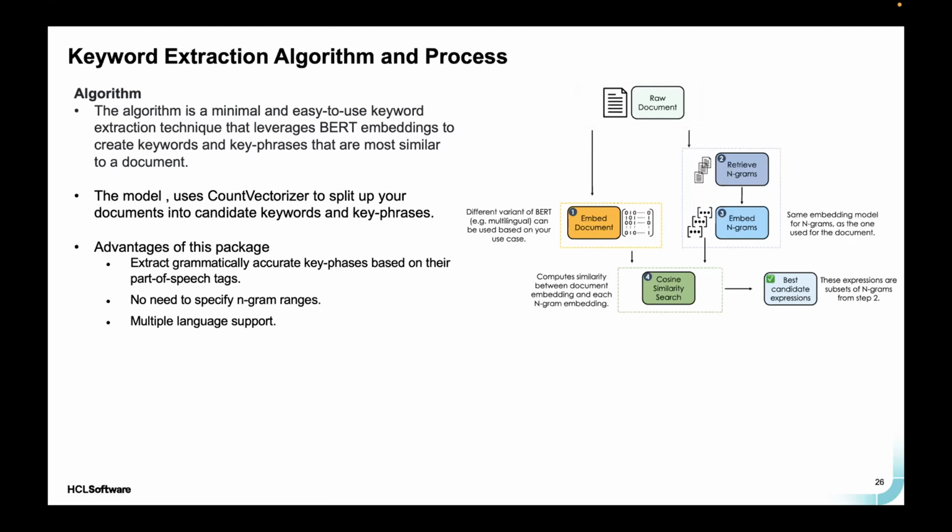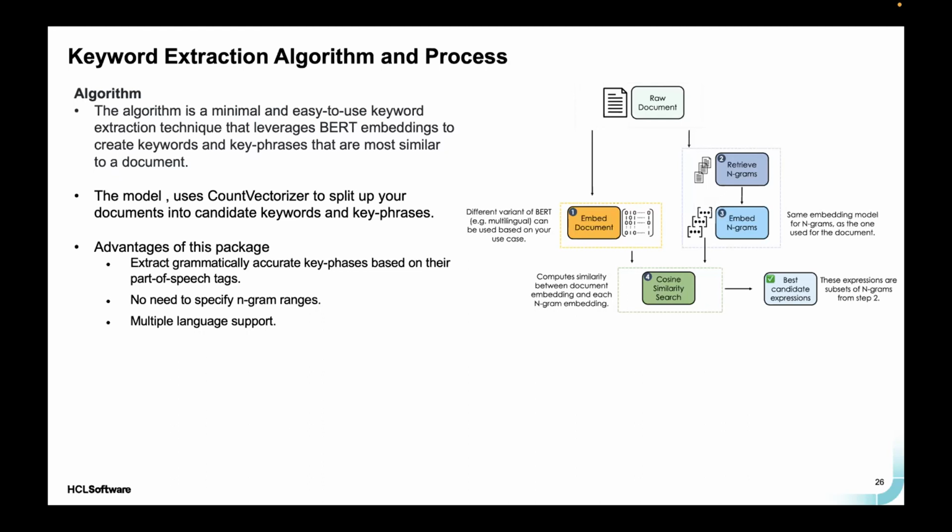So if I have to pick some of the advantages of this package that we have used: in order to extract grammatically correct keywords or key phrases, it uses parts of speech tagging. Whenever we extract the key phrases, they should make complete sense. It should not be something absurd. So it uses parts of speech tags to make the key phrases grammatically correct and to be present in the document.